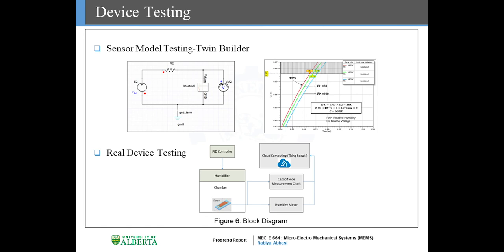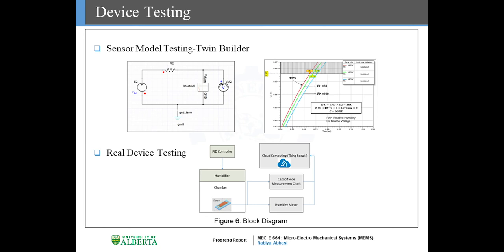Device testing. You can test your model using Twin Builder as we did in the simulations, but you can also build a more economical and simple setup for testing a real device. This is the block diagram for testing a real device. You can have a PID controller, which is attached to the humidifier in order to control it.